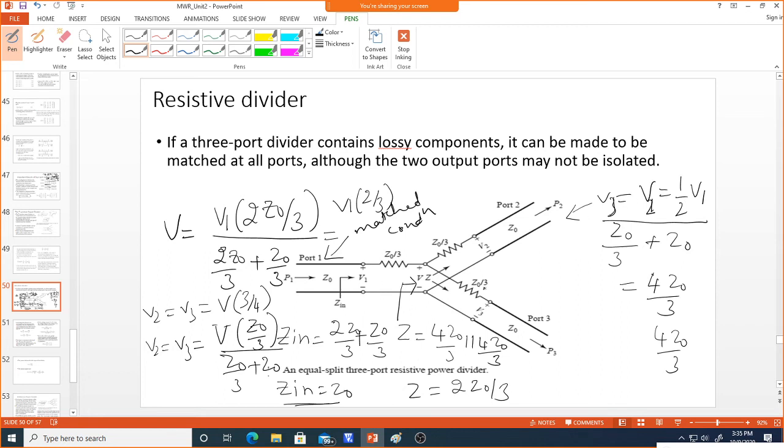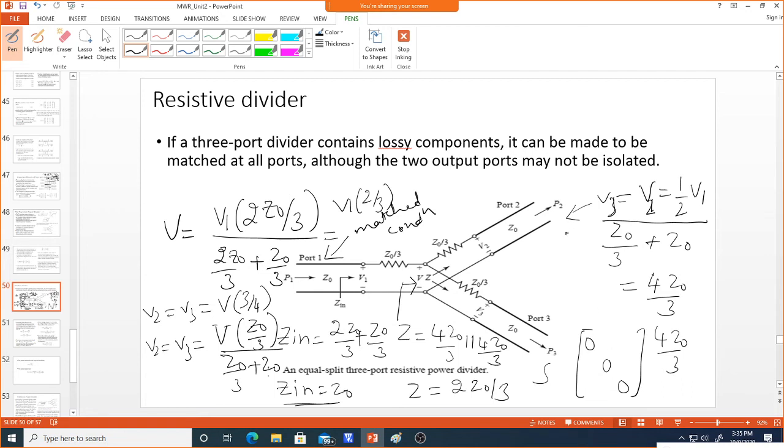So now if you write the S matrix for this, what will you get? Since the ports are matched, that is ports 1, 2 and 3 are matched, you can write S11, S22 and S33 as 0.